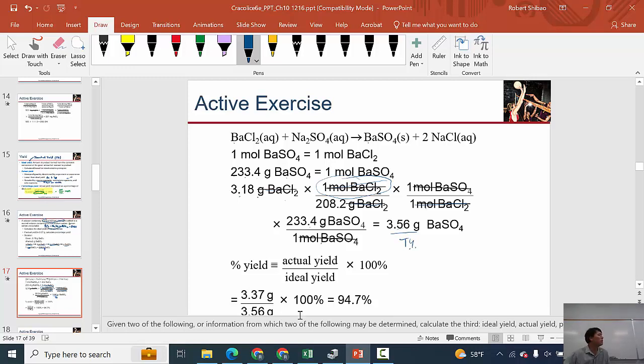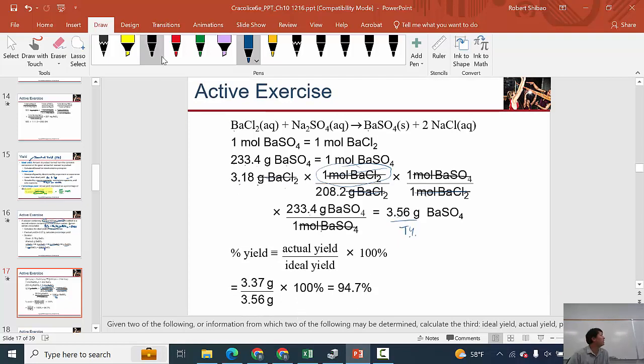But in this experiment, the actual yield that they got, and this varies from experiment to experiment, the actual yield is what you actually got for that experiment for that day. And so this is given, and so you just weigh it and see how much you got. So they got 3.37 grams.